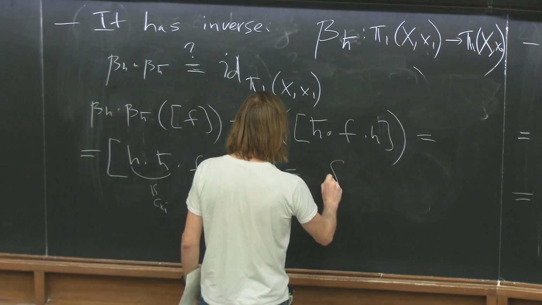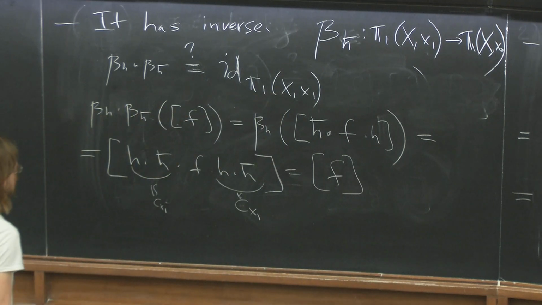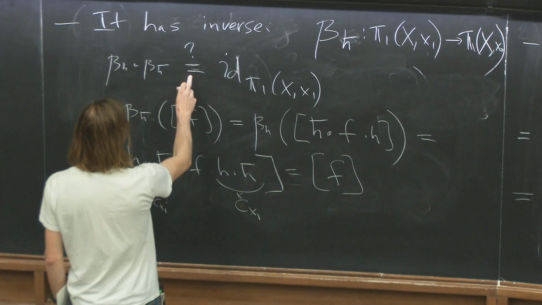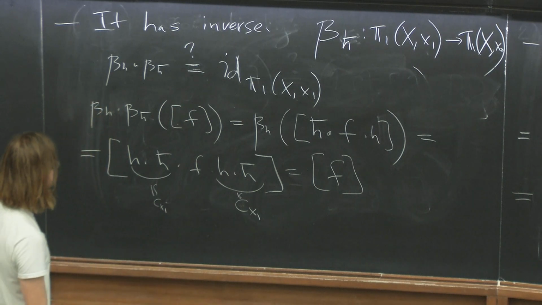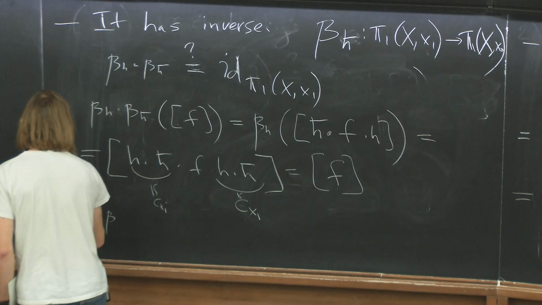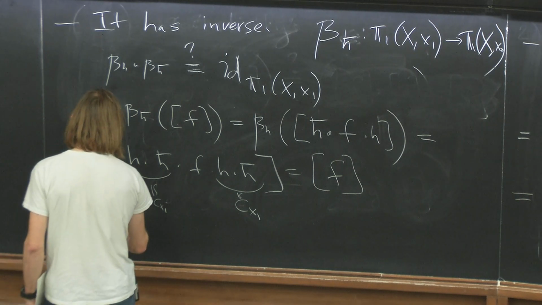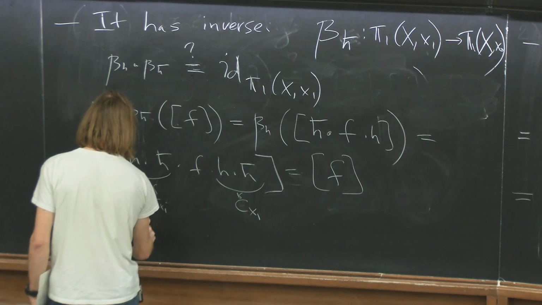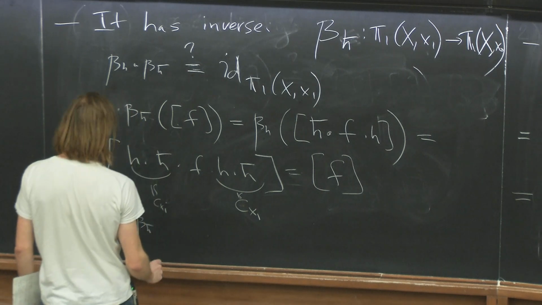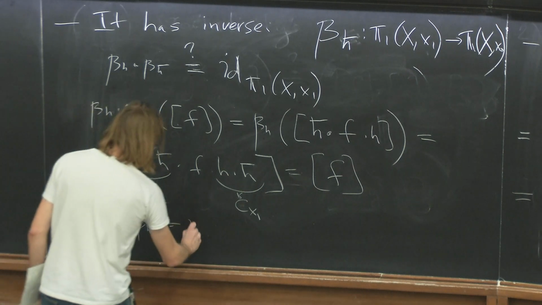So this is indeed the same as f, so this is the identity. Similarly, I'm not going to show it, but the other way around, the composition is also the identity.